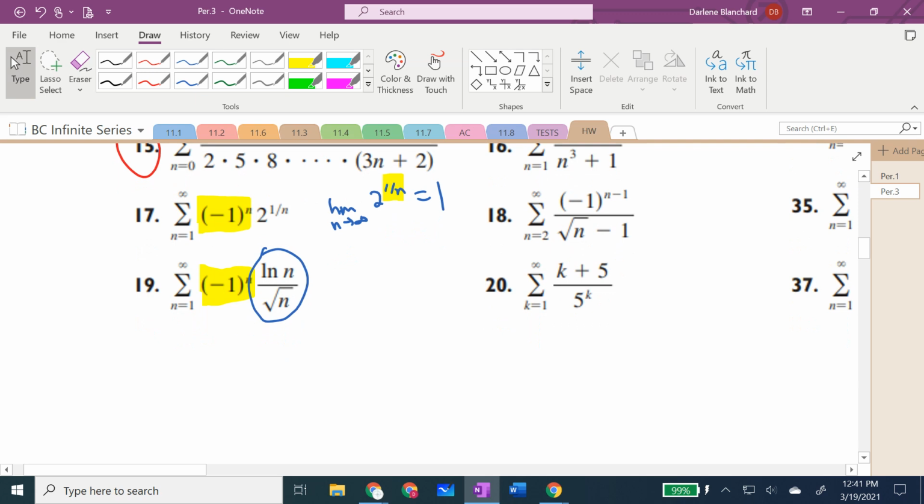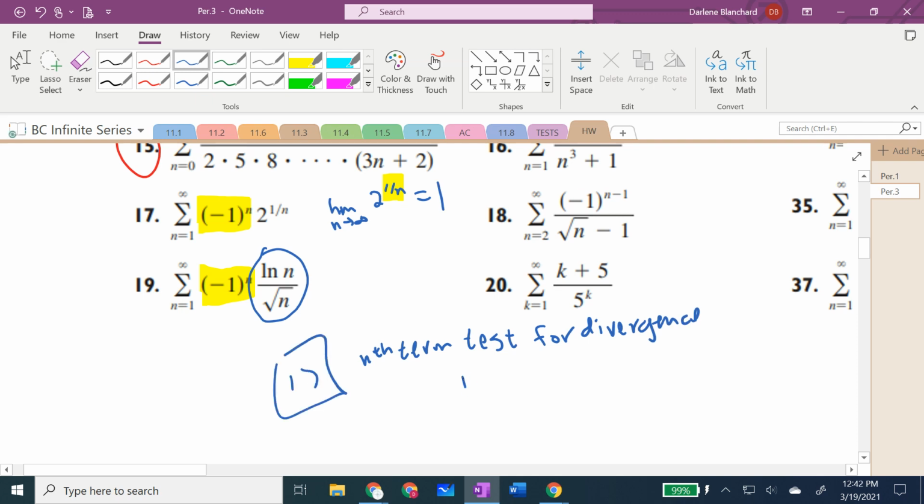And you're able to know that that is heading to 0. So for number 17, you're going to use the nth term test for divergence. And with that, you're going to say limit as n approaches infinity of the whole entire formula.